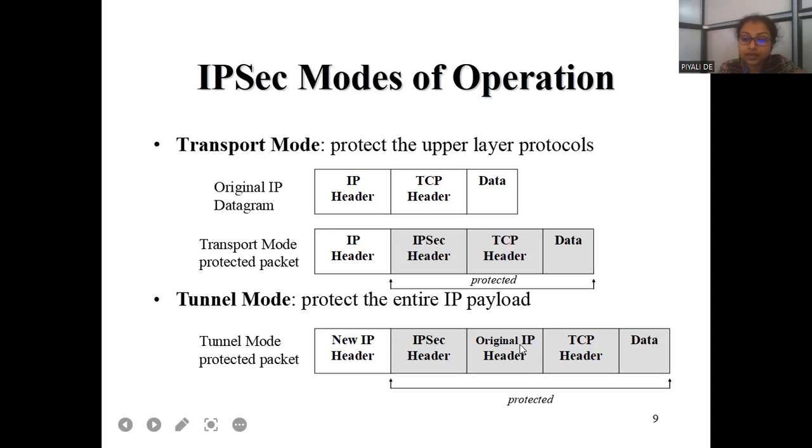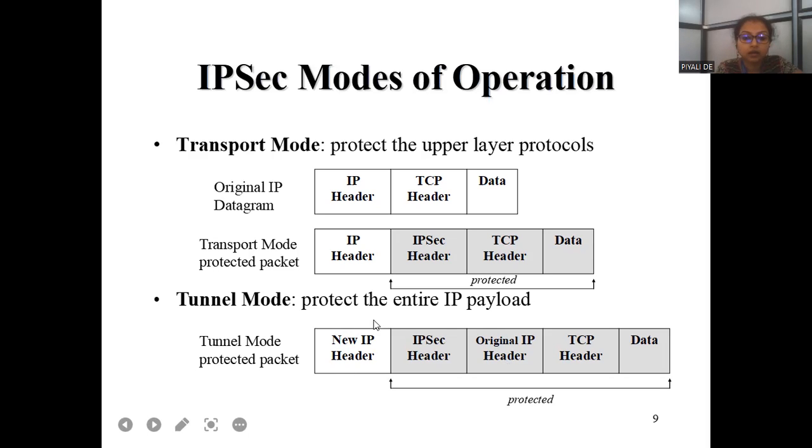So here is the original IP header, meaning up to this it is the original packet, data and TCP header, and this one is the IP header. Before that, we add an IPsec header, just like this. So now this part is protected. No one can change the original header, and a new header is added.